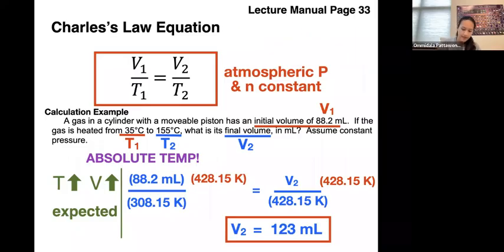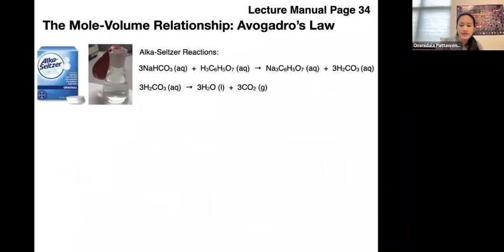All right, the next one that we are going to look at is the mole and volume relationship. I also have a lecture demo for you to watch. The demo is the Alka-Seltzer reaction. Alka-Seltzer contains sodium bicarbonate and citric acid.